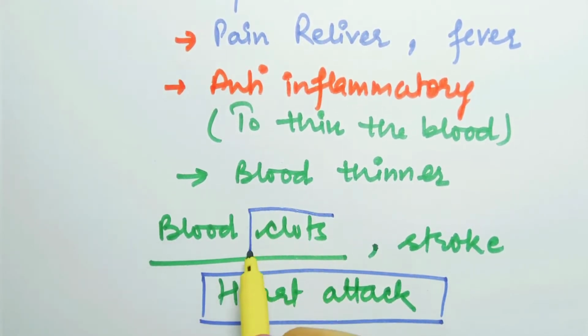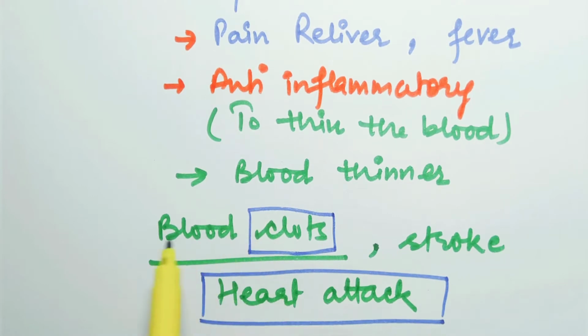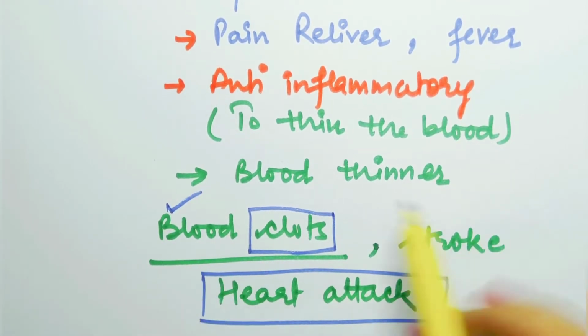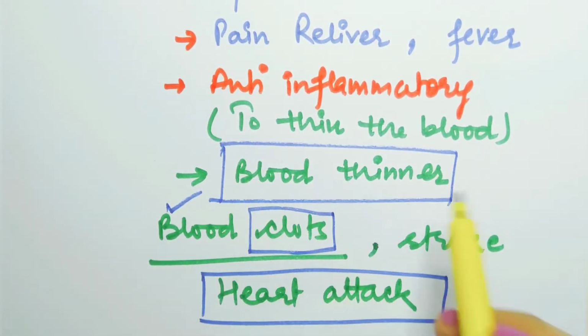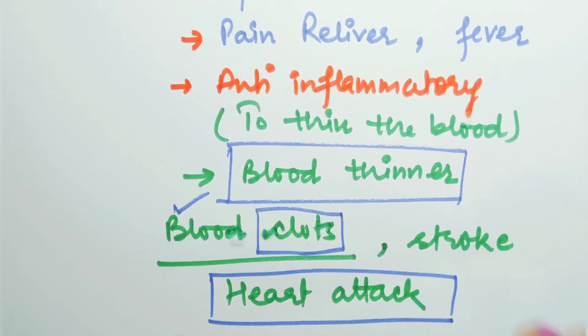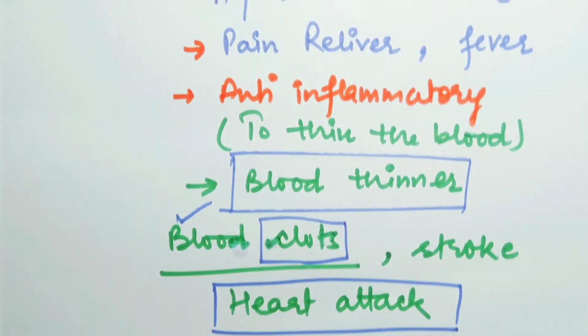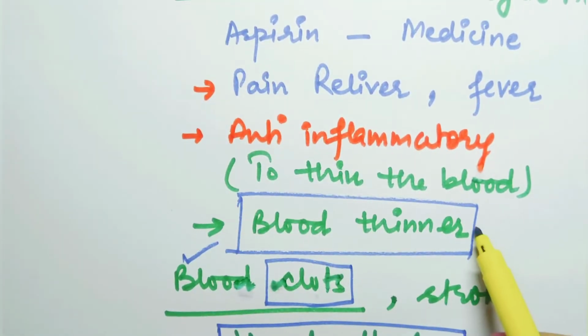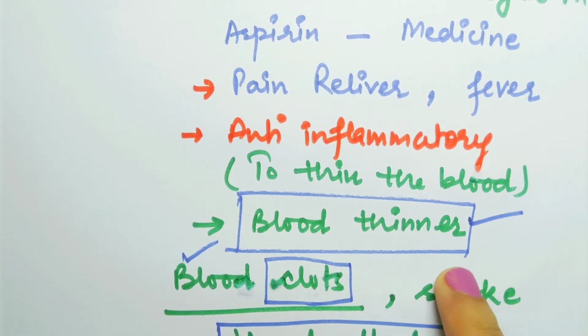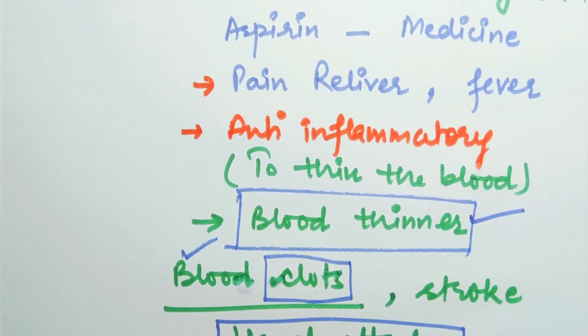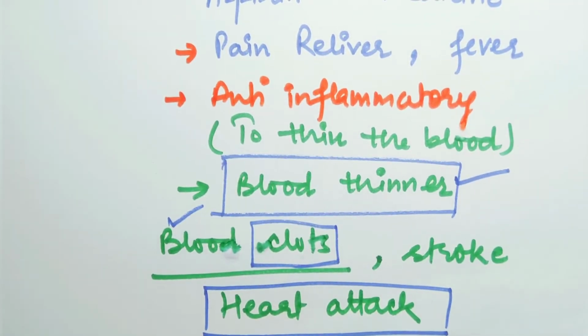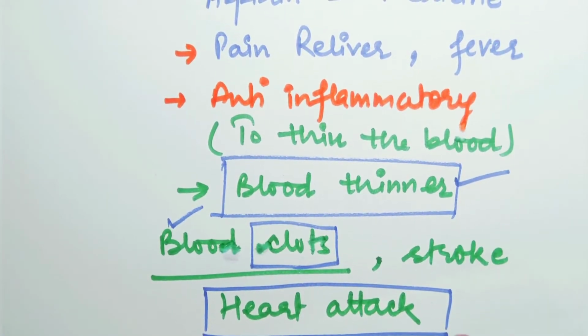Because it prevents the clots of blood. We are saying blood thinner. Clot formation happens and that clot is dissolved by giving the aspirin. So after giving the aspirin, the blood becomes thin and it becomes easy to flow towards the heart. So the circulation of blood becomes easy during the heart attack.